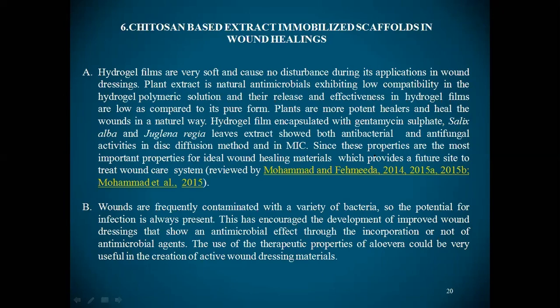If a wound happens in a particular area, microbial contamination will be there. So we have to reduce the microbial contaminants. By the way, aloe vera, the natural substances or other antimicrobial agents are needed to cure that wound.